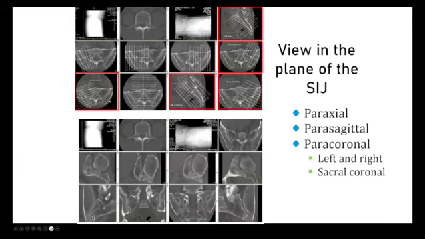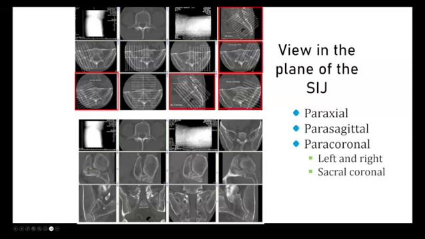If you do study the sacroiliac joint, you must do so in the plane of the joint. So a typical CT scan would be the axial, the sagittal, left and right, the coronal. But if you do paraaxial and paracoronal and parasagittal films, you see other things. So for example, here's a plain sagittal cut of the sacroiliac joint.